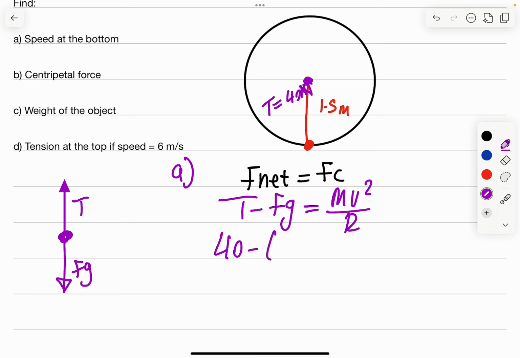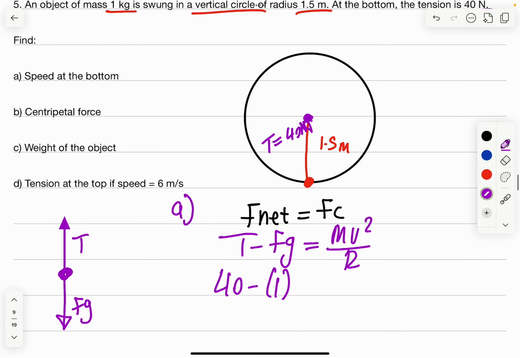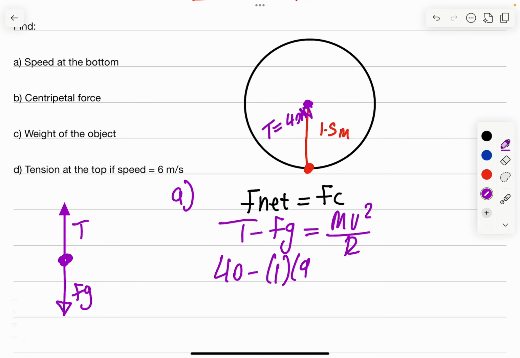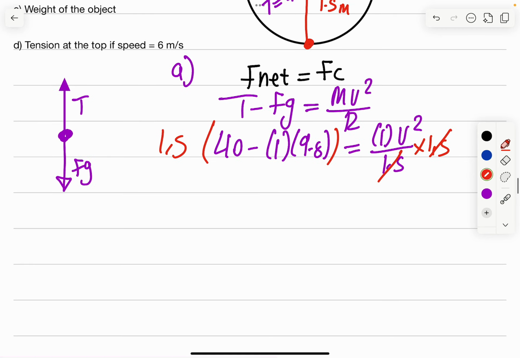The mass is 1 kilogram. I told you when the mass is 1 kilogram, things are going to be simple. g is 9.8. Therefore, the mass is 1. V squared over the radius, which is 1.5. Meaning I can multiply both sides by 1.5. This one cancels that one. Meaning I'm going to take the square root of that thing.